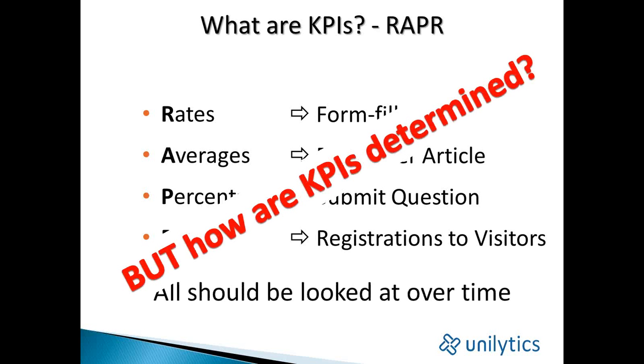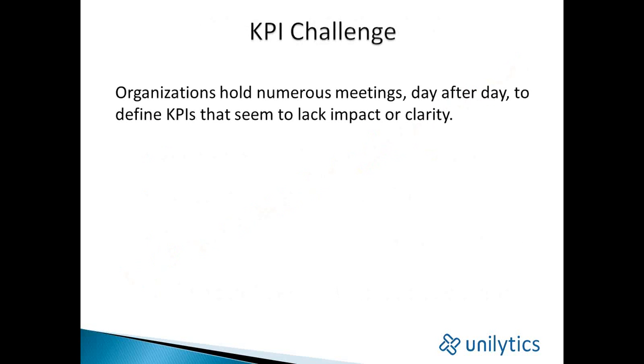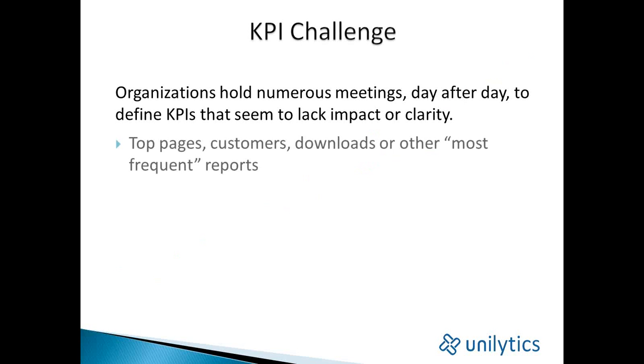So how are we to determine the KPIs themselves? Well, the challenge is organizations typically hold lots of meetings day after day to define KPIs, but they often lack impact or clarity, and people just don't buy into them.